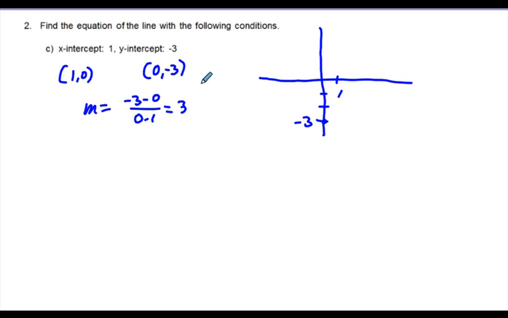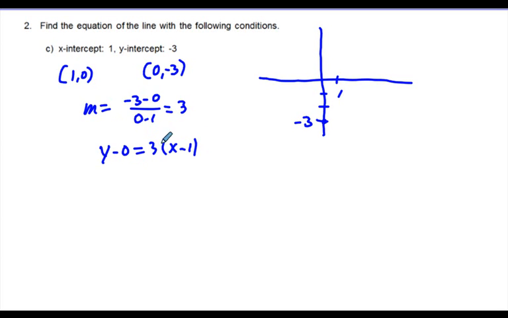And now that you have a slope, you can use either of these points to find this. If we use this (1, 0), we can have y minus y1, which is 0, equals 3 times x minus 1.